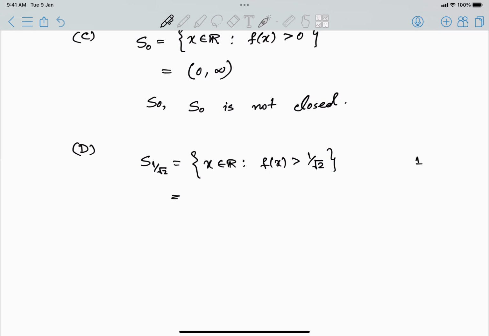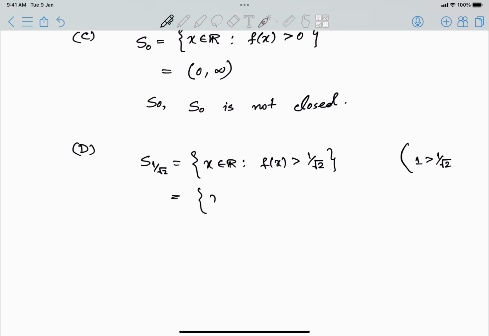Note that 1 is bigger than 1 by root 2. But half is not bigger than 1 by root 2, right? Because root 2 is less than 2, right? So only the points where the function takes the value 1 are inside this set, right?